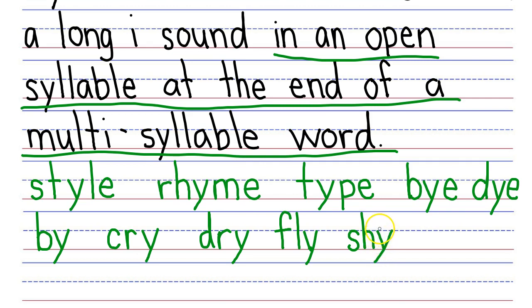So let's find some open syllables at the end of a two-syllable or three-syllable word. Here's an example. Reply. First syllable, re. We have an R that says r and an E that makes a long sound, the long E sound, because the first syllable is an open syllable. But it ends with an E, so it doesn't concern us regarding the sounds of Y.